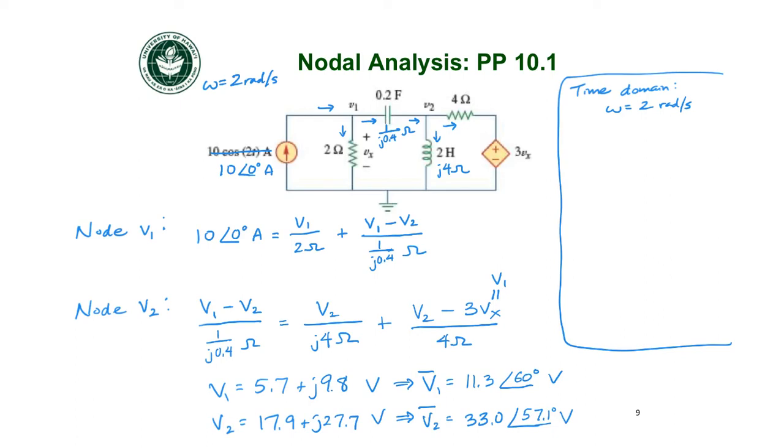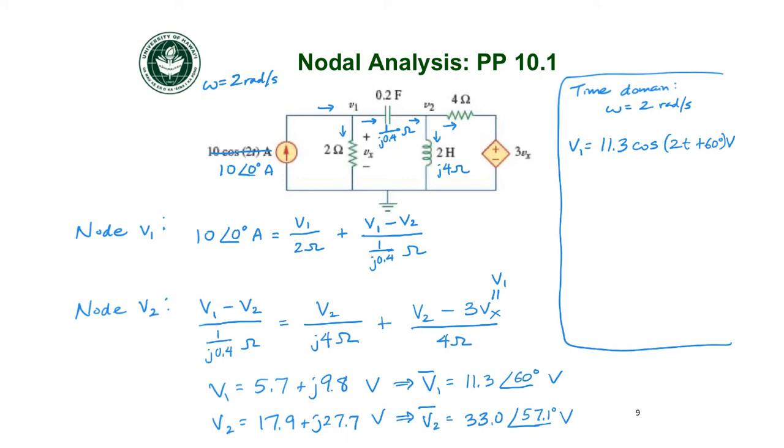So we can convert V1 back to the time domain representation. If we look at the phasor, it has a magnitude of 11.3. So it's going to be 11.3 times cosine. Don't have to put omega, we can put the value. Cosine of 2t, and it has a phase angle of 60 degrees, and that has units of volts.